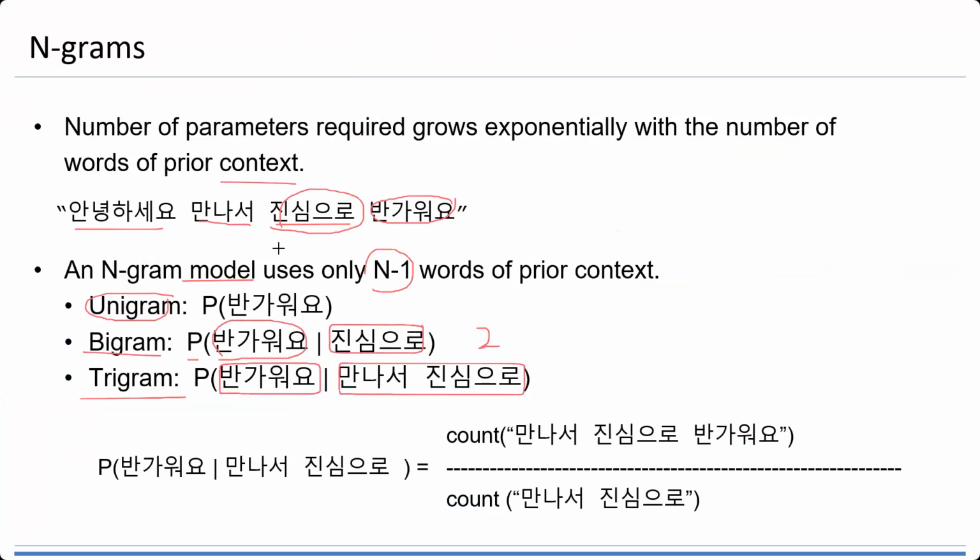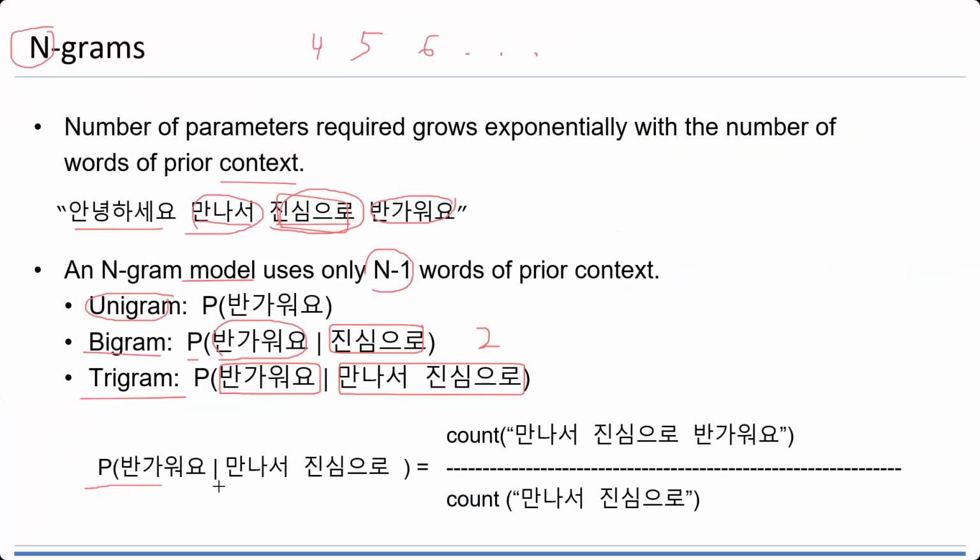The 2 previous items mean 만나서, 진심으로, and so on. So the n is not limited to 1, 2, and 3, but it can be 4, it can be 5, it can be 6, and so on. It depends on the context. It depends on the application.